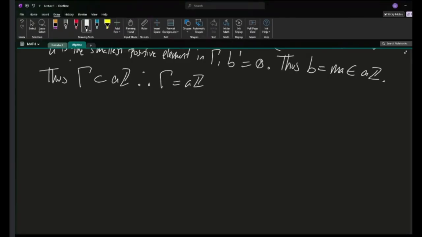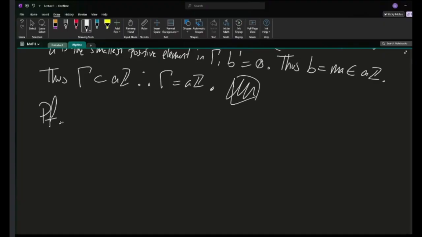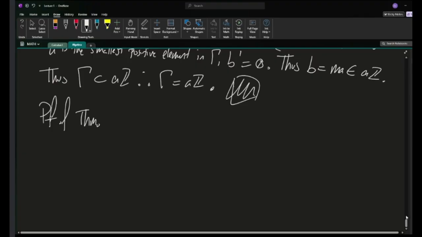So now that we proved the lemma, let's prove the theorem itself. And this one should be a lot simpler since we're splitting up into two different cases.